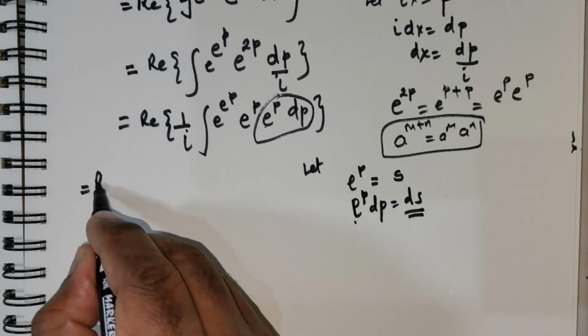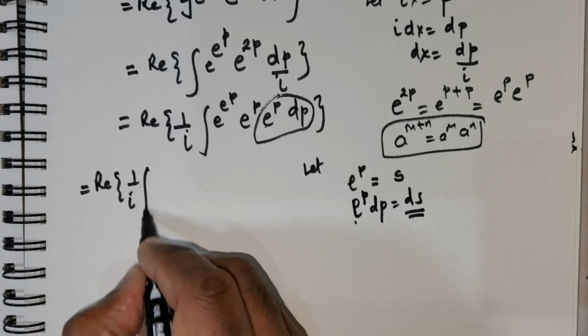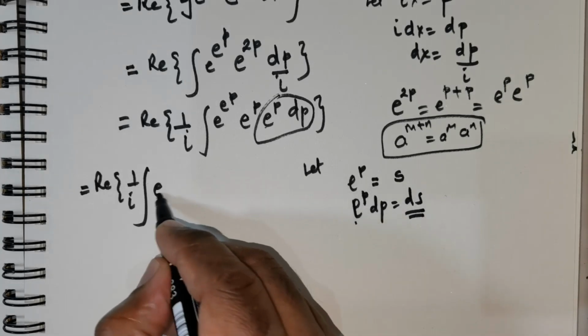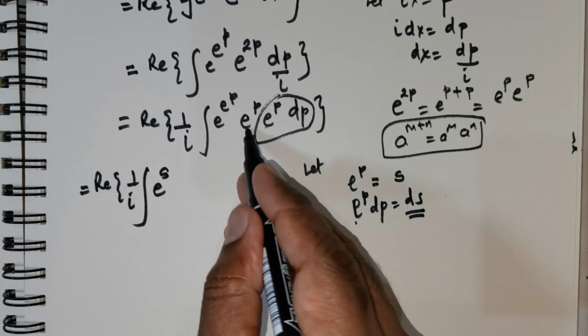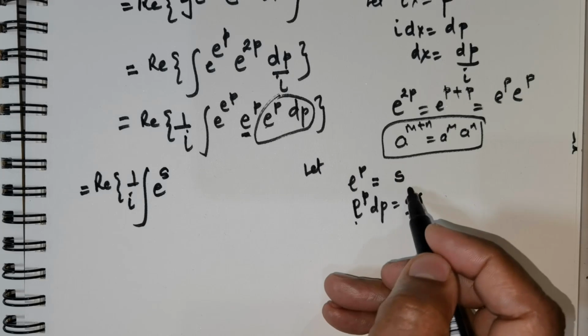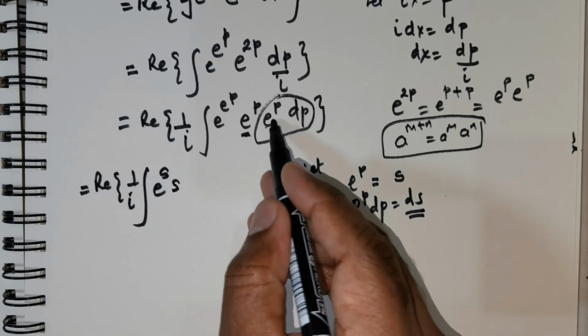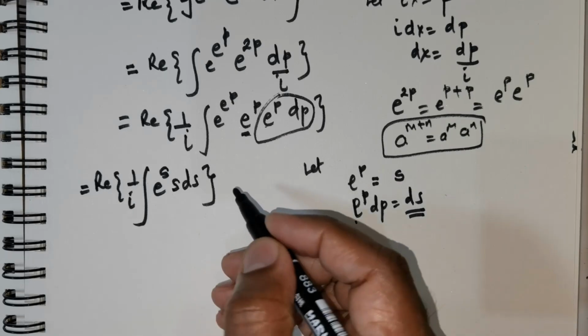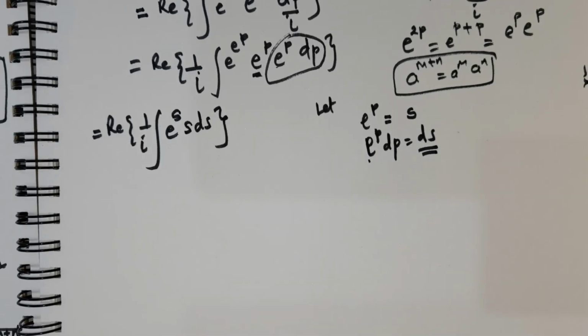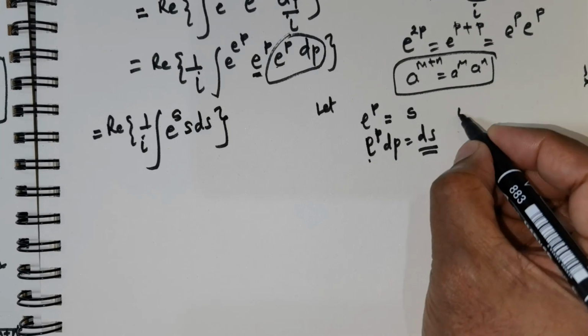So this is equal to the real part of 1 over i times the integral of e raised to the power of s. For this e^p, I'm going to place an s. For this e^p dp, I'm going to place ds.